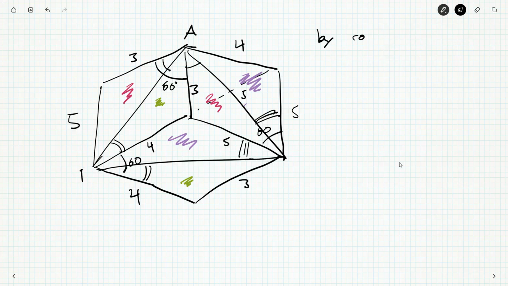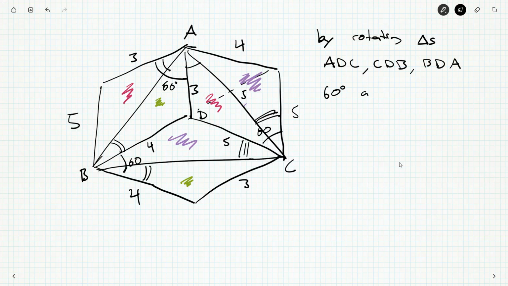We got A, B, and C, and D. By rotating triangles ADC, we'll say CDB, I'm just trying to keep some order here, CDB and BDA, 60 degrees about. So I rotated ADC by 60 degrees about A, C, and B respectively.